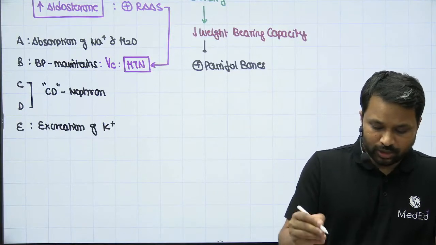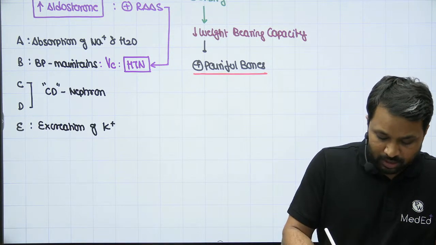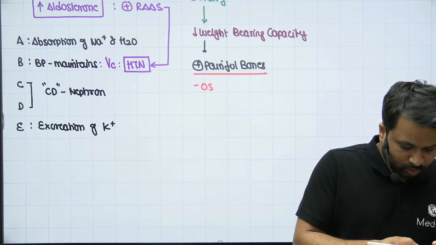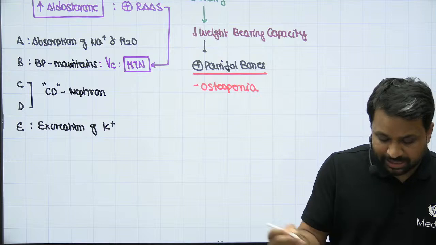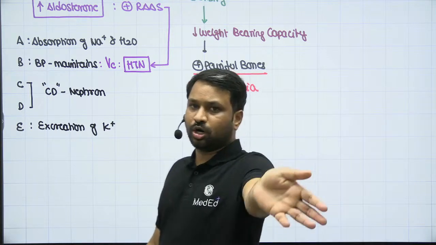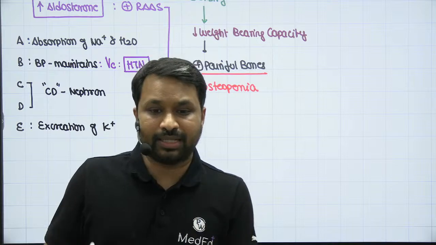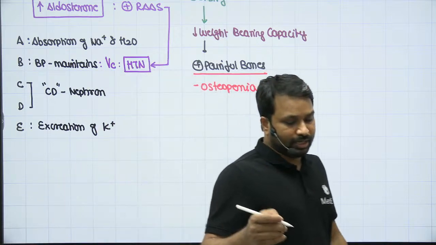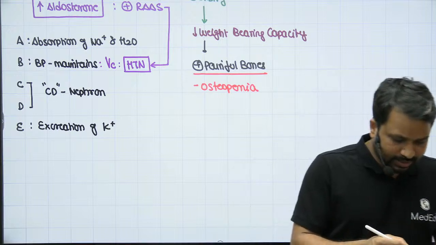So we doctors use fancy terms to describe this entire phenomenon. We call it osteopenia. Osteo is bone, penia is loss or becoming less. Osteopenia tells you the bone mineral density is reducing.